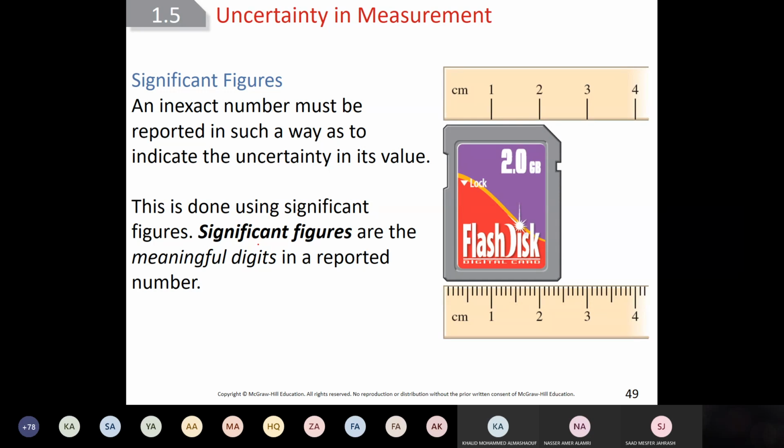What does significant mean? Significant means important. You have to be careful about this. Important, or it has meaning. That's the meaning of significant. It has meaning.